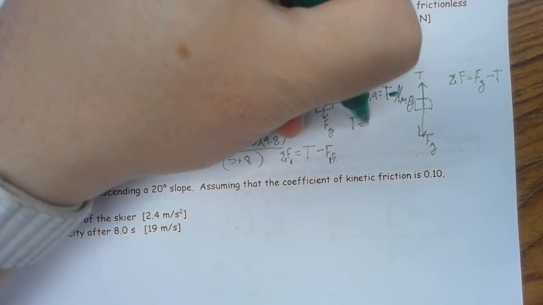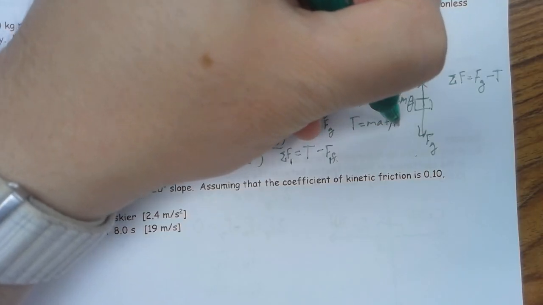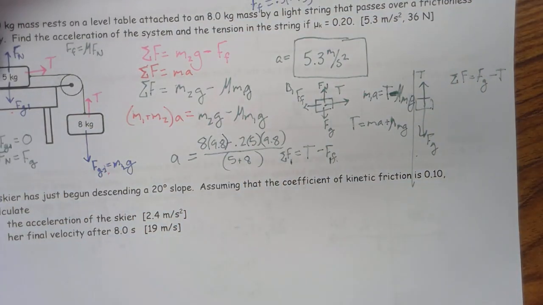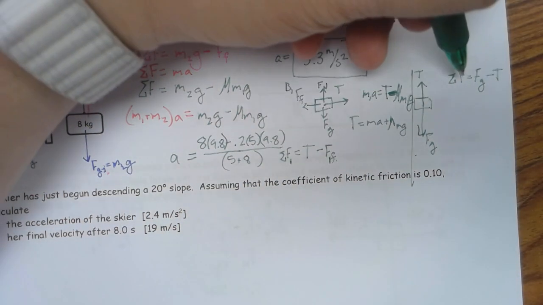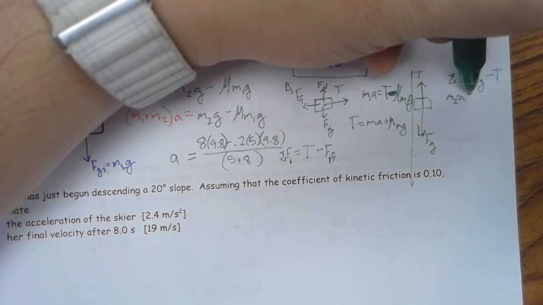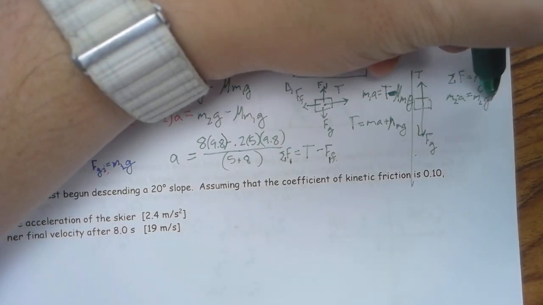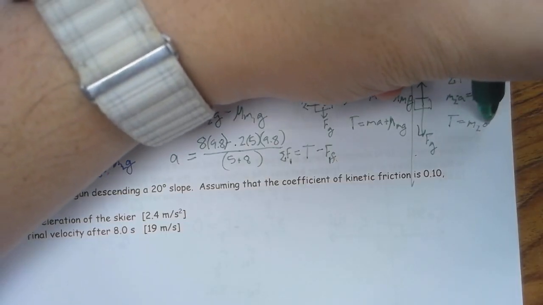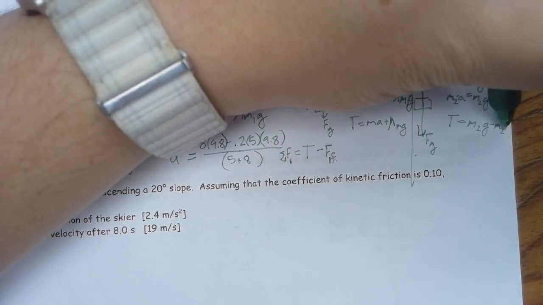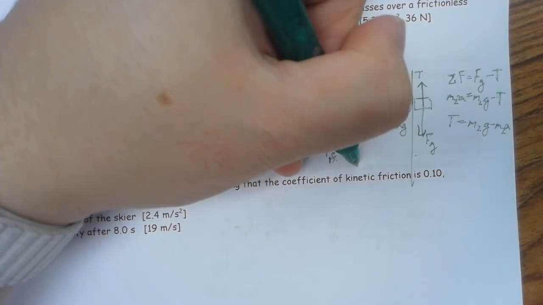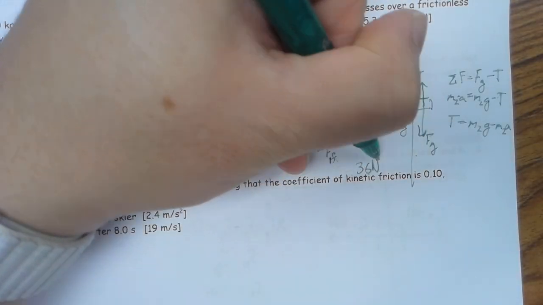T equals MA plus mu MG. All right. That's how I would solve it for the top box. For the bottom box, we have M2A equals M2G minus T. We have T equals M2G minus M2A. And they should give you both the number 36-ish. Newtons.